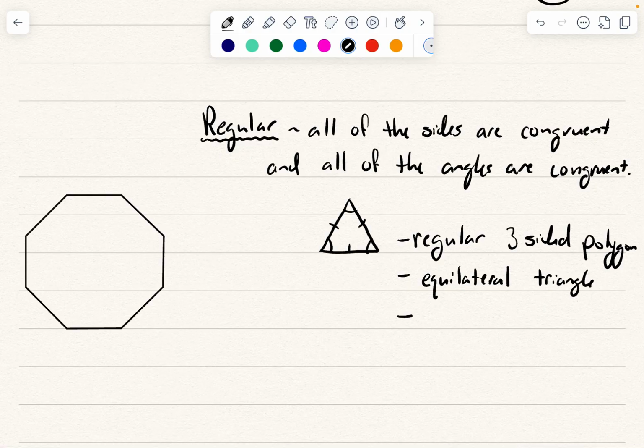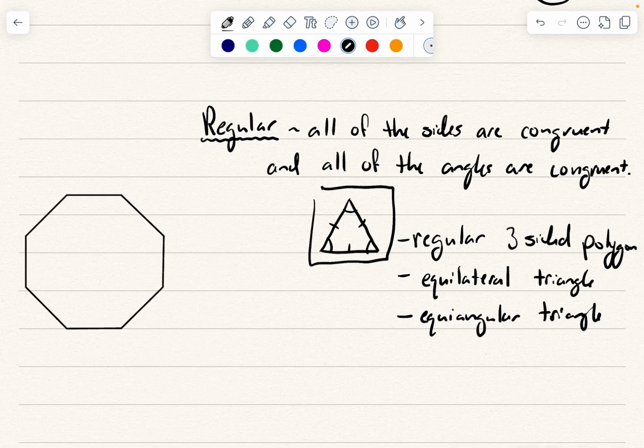And we said if its sides are the same length, then the angles are too, so it could also be called an equiangular triangle. Both of those would be the same. Equilateral triangle, equiangular triangle, those are potato, potahto. Either way, those are three different names we could give this shape, and they all fall into this category of regular. Regular means the sides are congruent and all the angles are congruent.